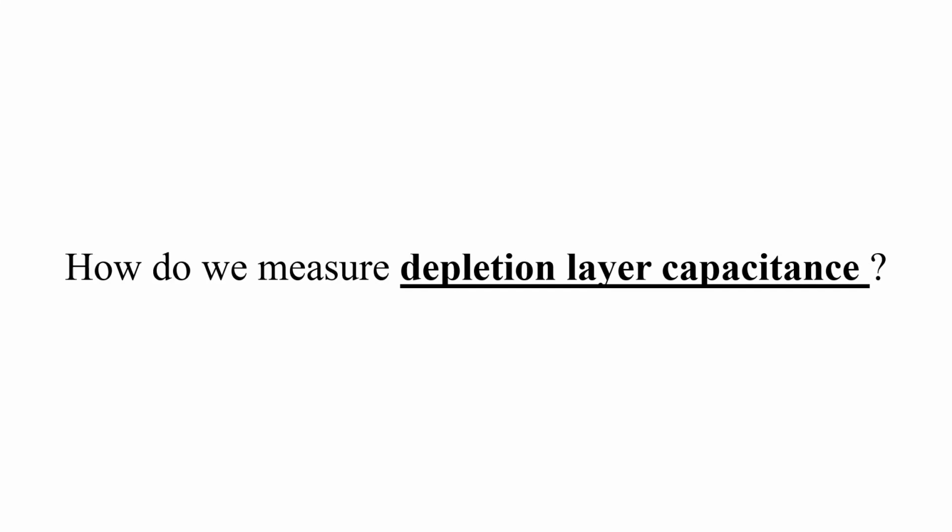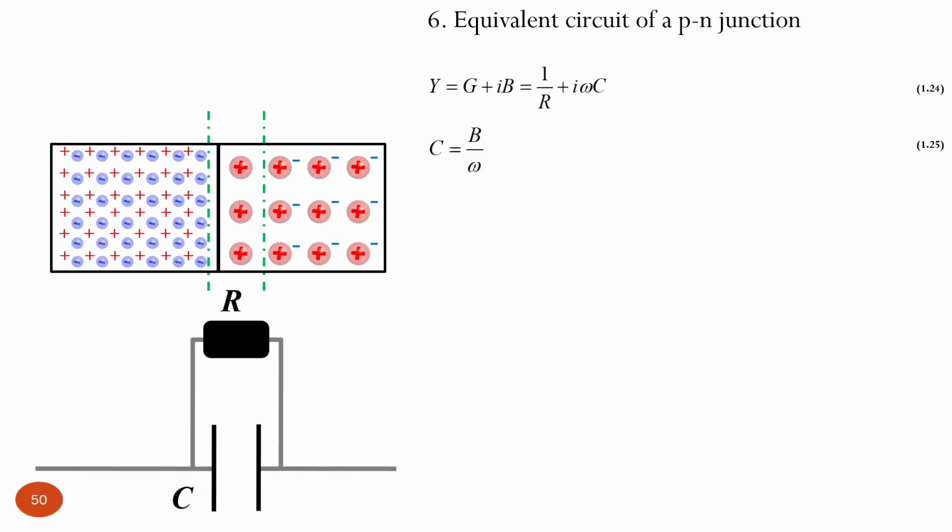That is what many people don't pay enough attention to in the research community, and it results in misinterpretation of experimental data. I believe that is a very essential moment, because it's good if you understand the origin of depletion capacitance in a p-n junction. However, if you don't know how to measure it, you will not take any advantage of it.